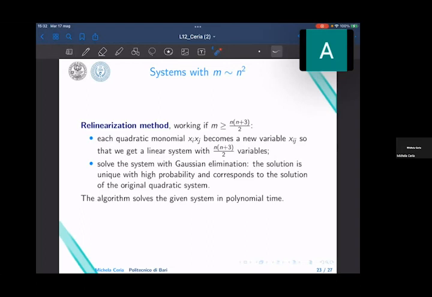Take each quadratic monomial as a new variable. In this way, you will get a linear system with about n squared over two variables. You can solve the system with Gaussian reduction. With high probability, you will have a unique solution that corresponds to the solution of the original quadratic system.